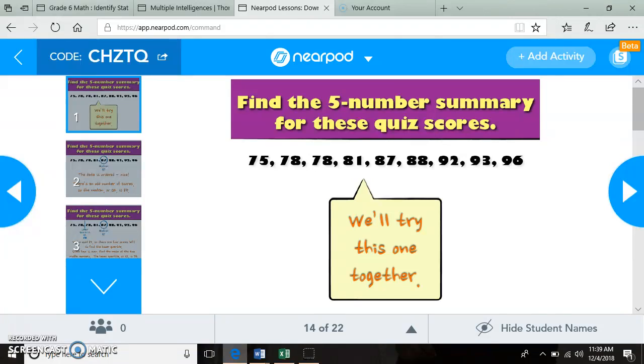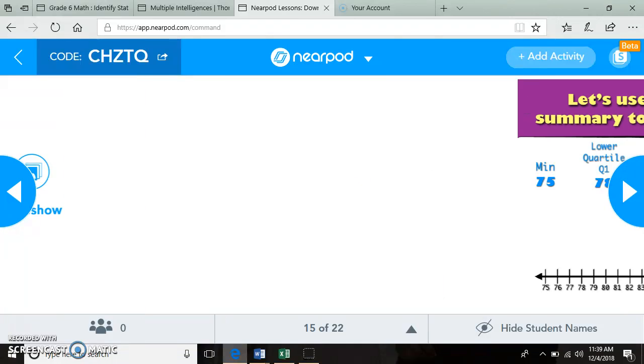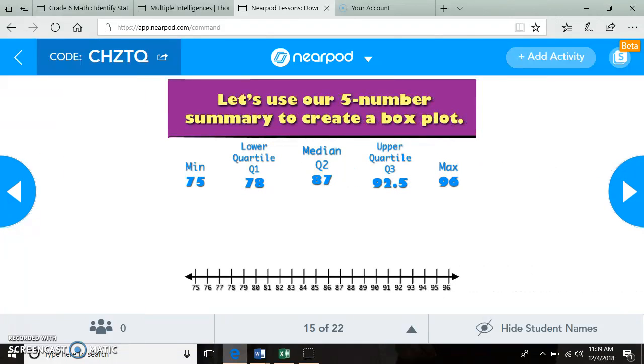So we get the 2 numbers 92 and 93. So we're going to have to average those out to find the median number. When you do that, you should get 92.5. So there we go. We have our min, quartile 1, quartile 2, quartile 3, and our max.